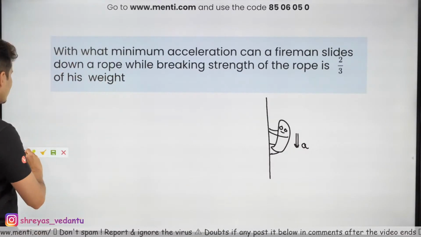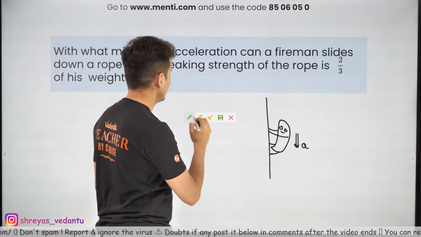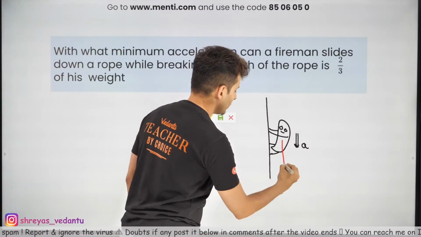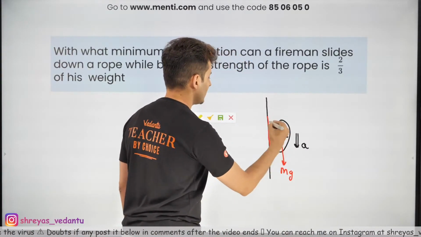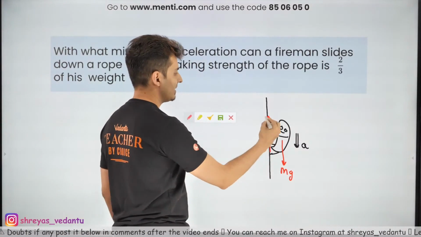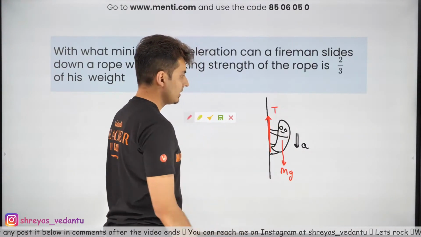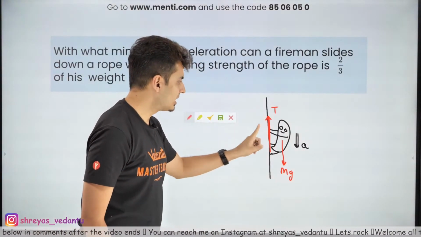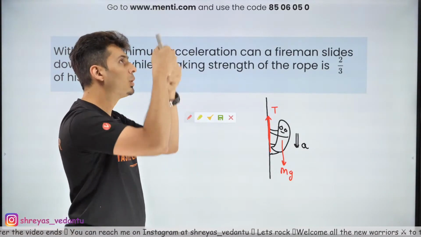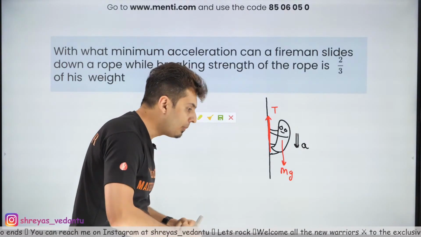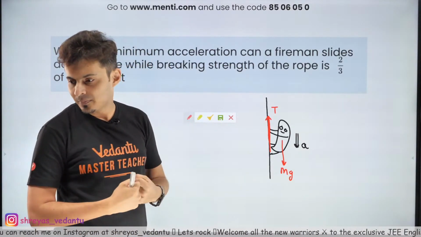Now draw the forces acting on the fireman. One will be his own weight, so mg. Next, there will be tension by the rope on his feet and hands, upwards, because he's sliding down. He's pulling the rope down, so the rope will pull him up. That's how it will be.